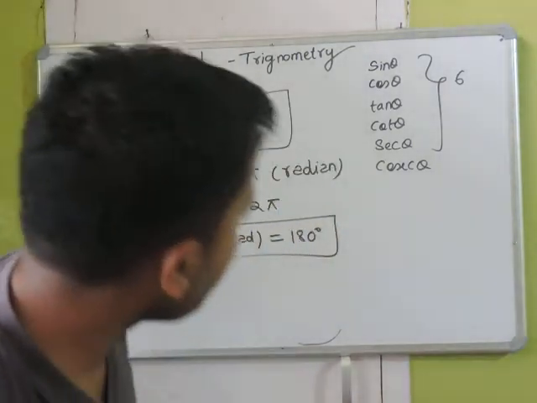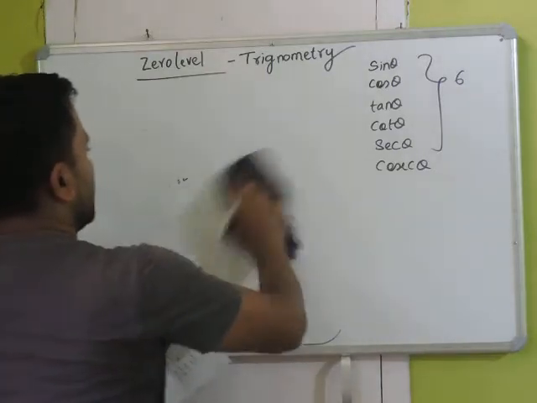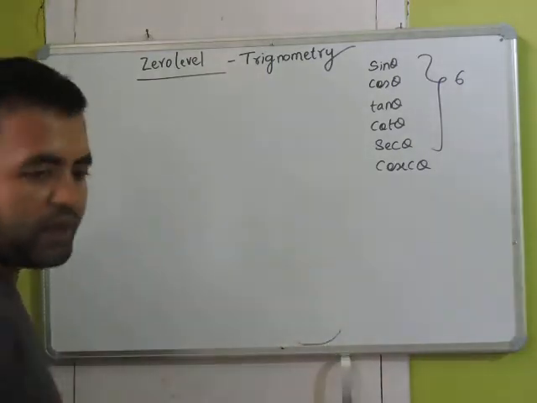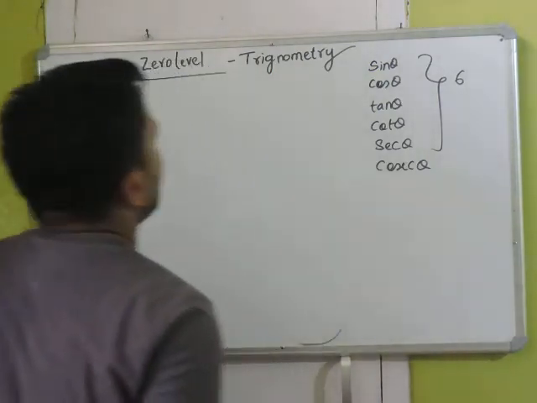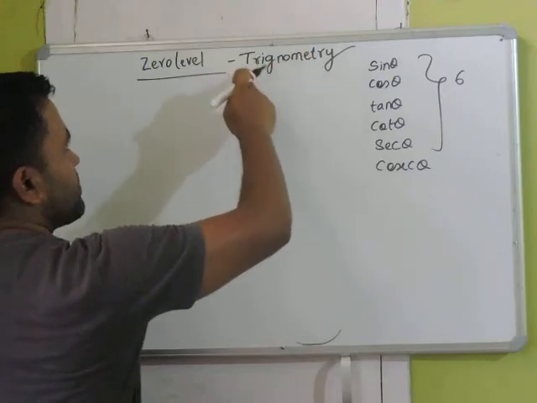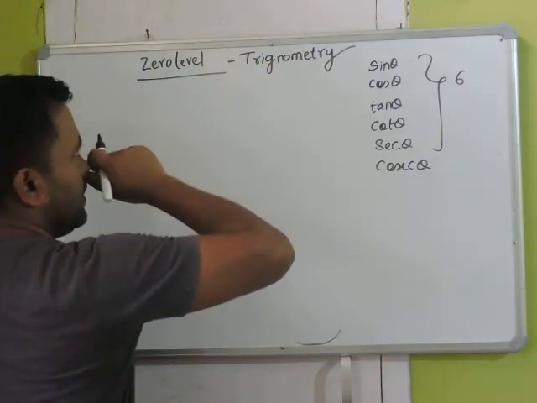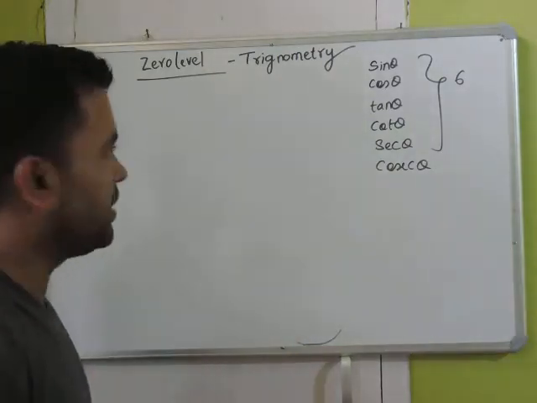Now if we ask this basic question, where do these functions come from? Trigonometry, if you split it, the trigon part tells about triangle, and metry means measurement, so it has to do with triangle measurement.